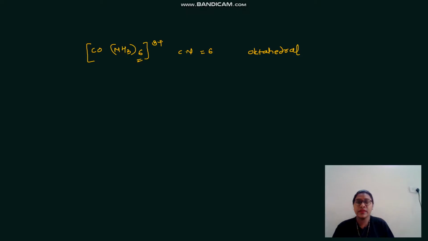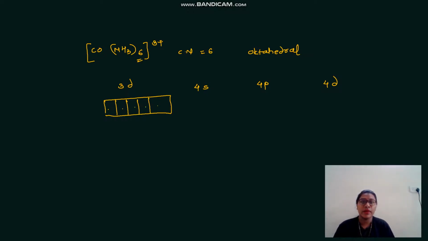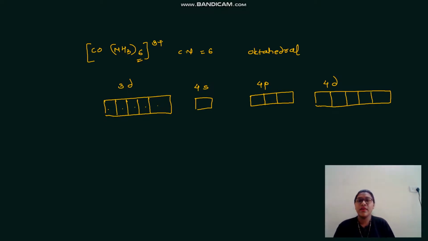Here is the 3d, here is the 4s, here is the 4p, here is the 4d. How many orbitals are in d? 1, 2, 3, 4, 5. In 4s there is 1, in 4p there are 3, and in 4d there are 5 orbitals. How many electrons are in 3d?